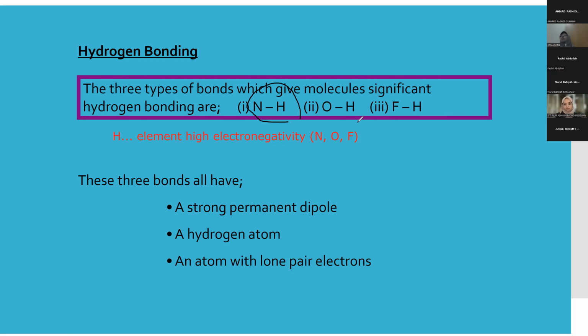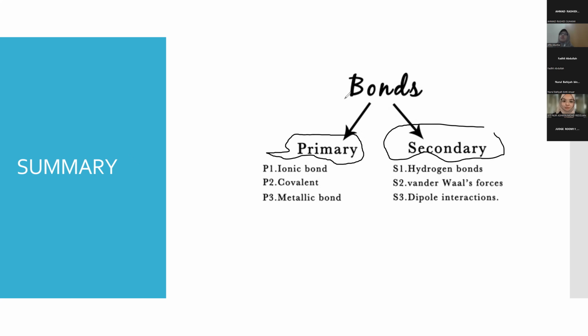There are two types of bond: primary and secondary bonding. Could you help me? What is the difference between primary and secondary bonding? There are two points.